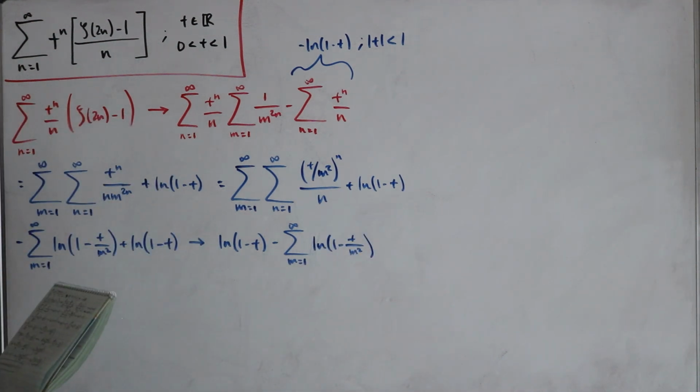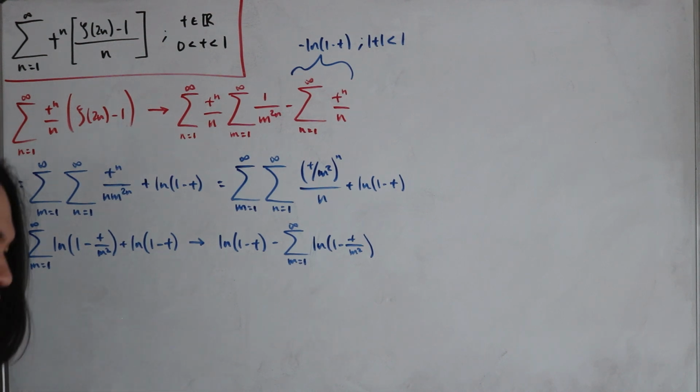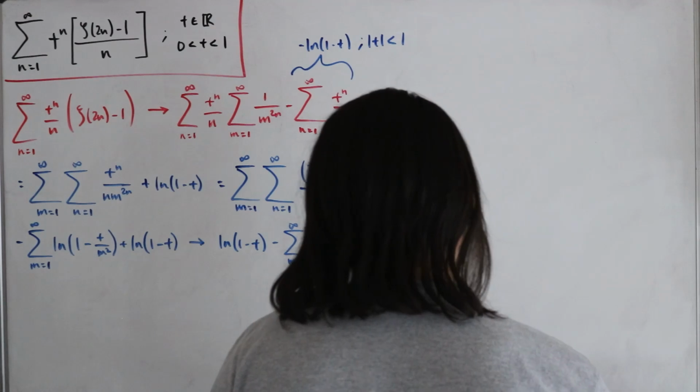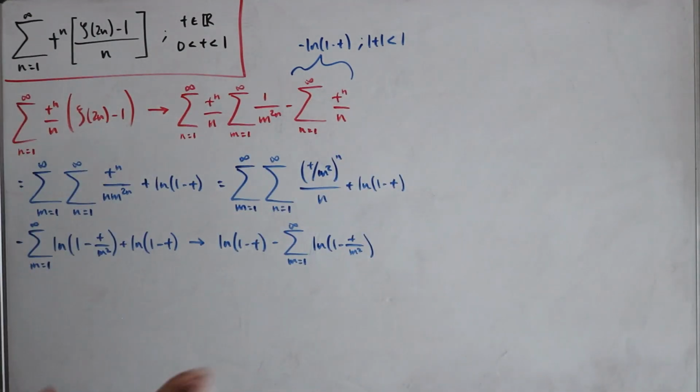Okay, so now here's an interesting note. With the continuity involved with this, we can actually change this sum of a natural log to write it as a natural log of a product series.